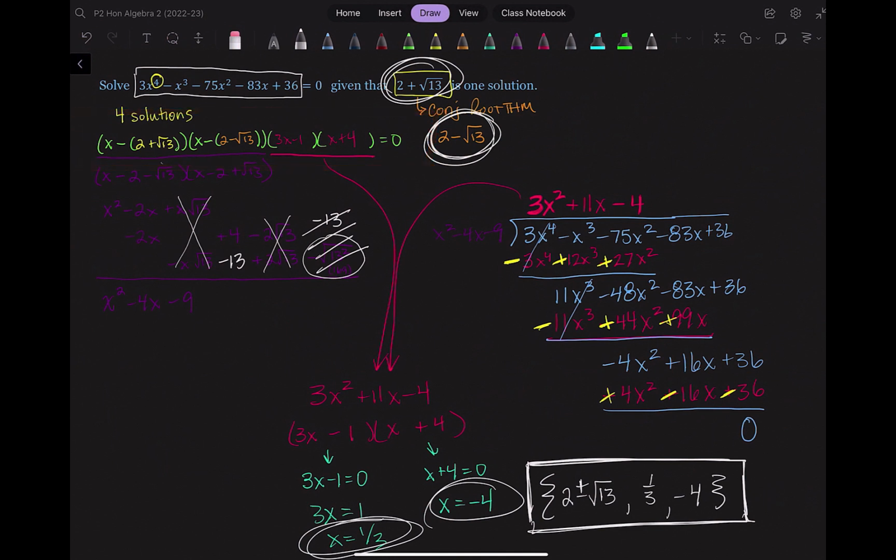We don't have to write it every time. But we should recognize that we can use the conjugate root theorems to get extra answers, use the given and the extra answers to come up with a quadratic just by expanding, and then divide the original problem by that quadratic to come up with the leftovers, where our last two answers are hidden.